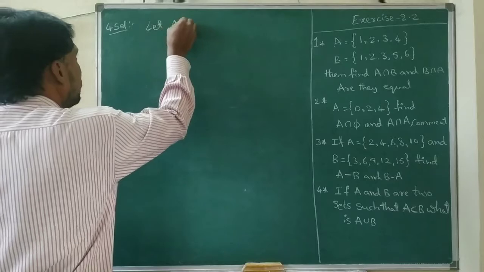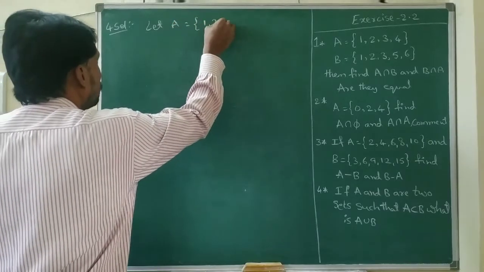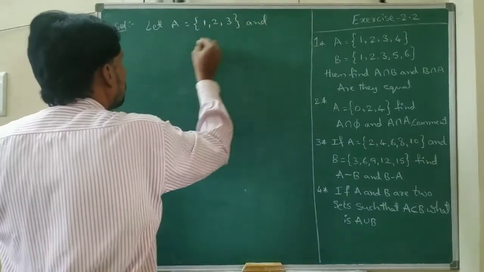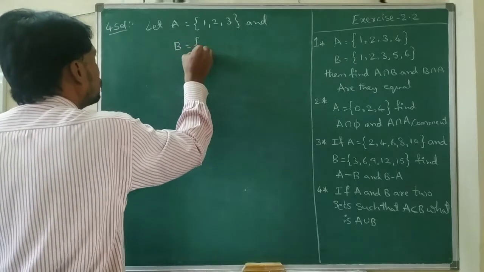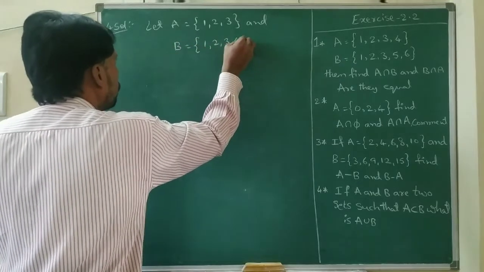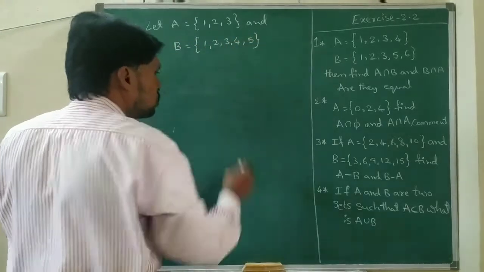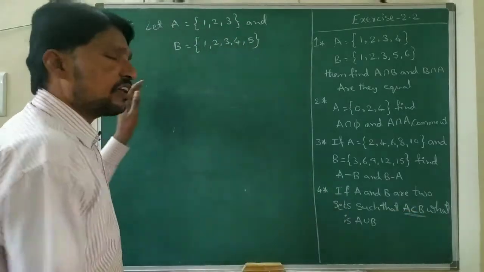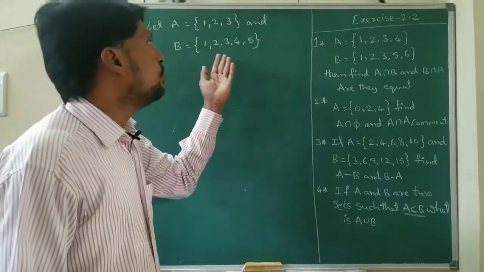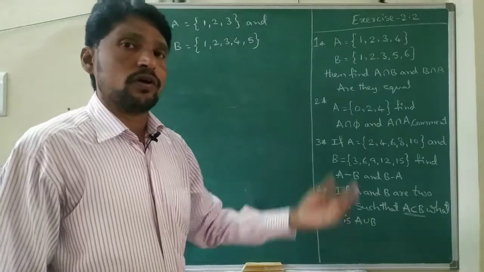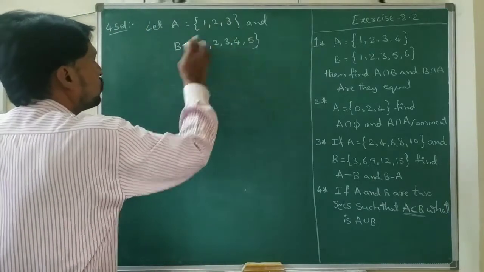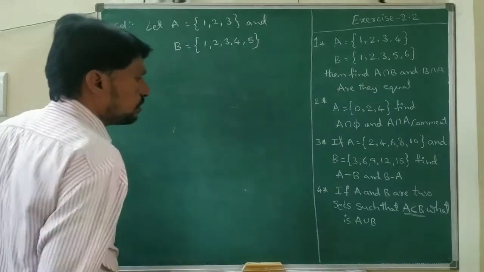Let A equal 1, 2, 3 I am taking, and B equal 1, 2, 3, 4, 5. So here I chose the A subset B type. A is the smaller set, B is the bigger set. So subset model only I took.